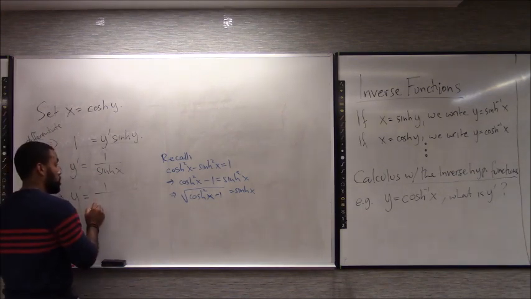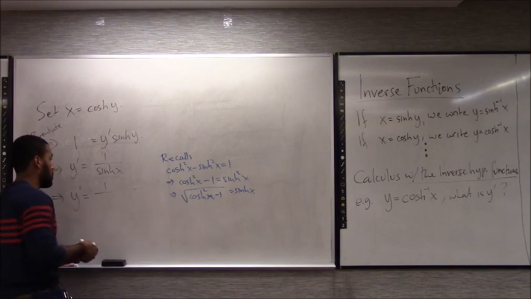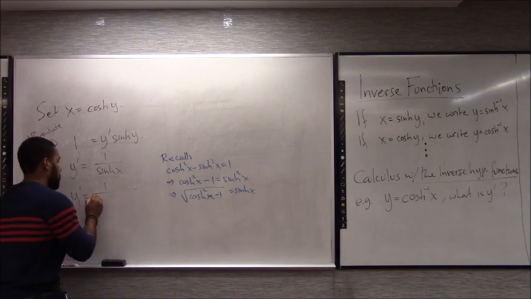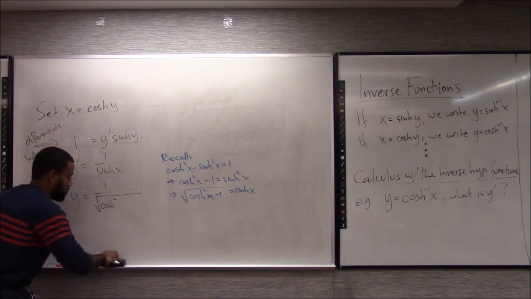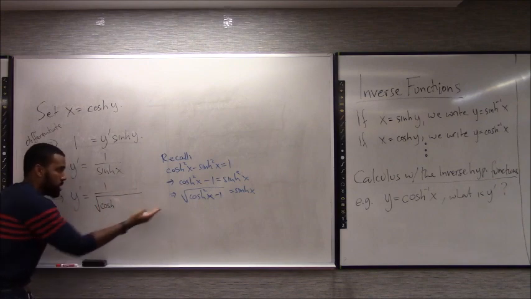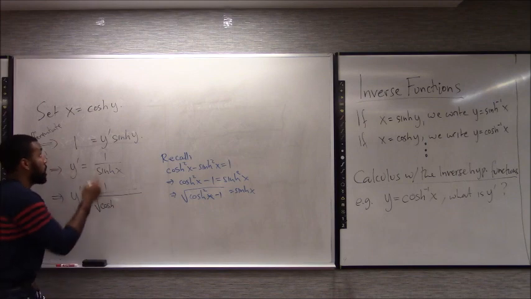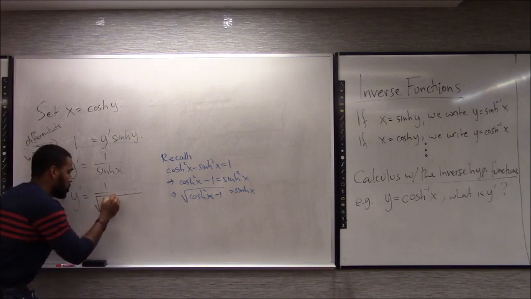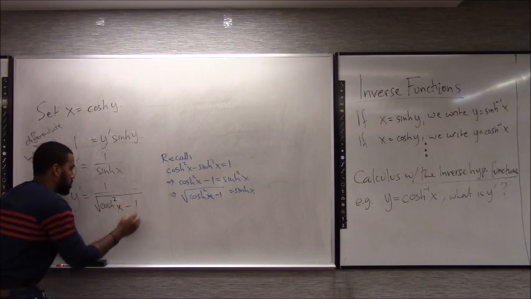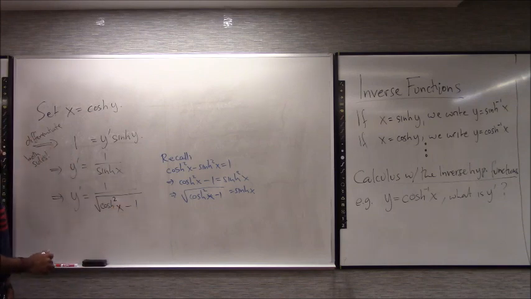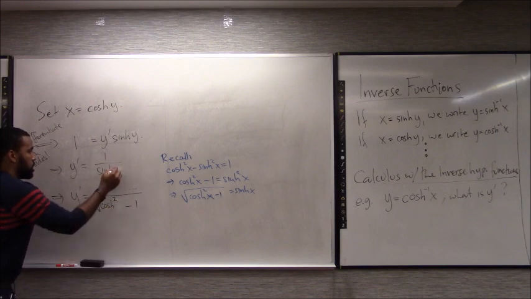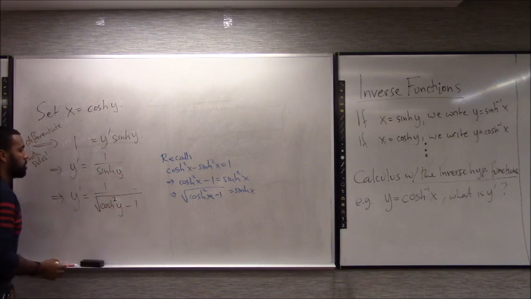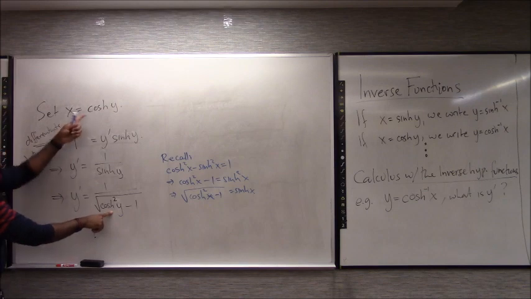And so this becomes the radical, and we can ignore the negative sign because of how the cosh behaves, it's positive, so the radical of cosh squared y minus 1. But the cosh y was x.